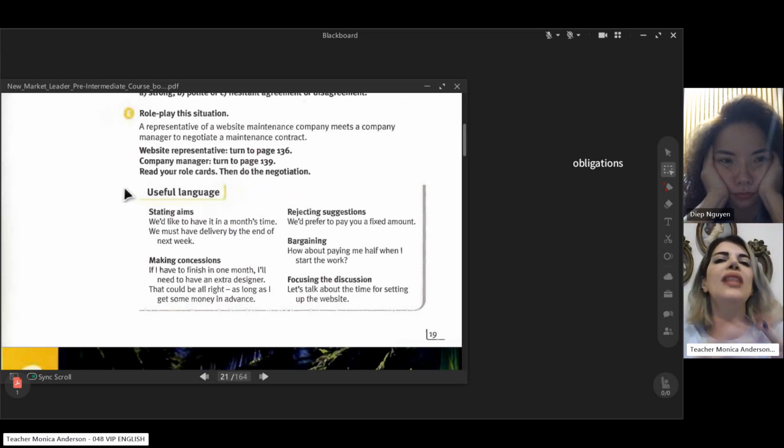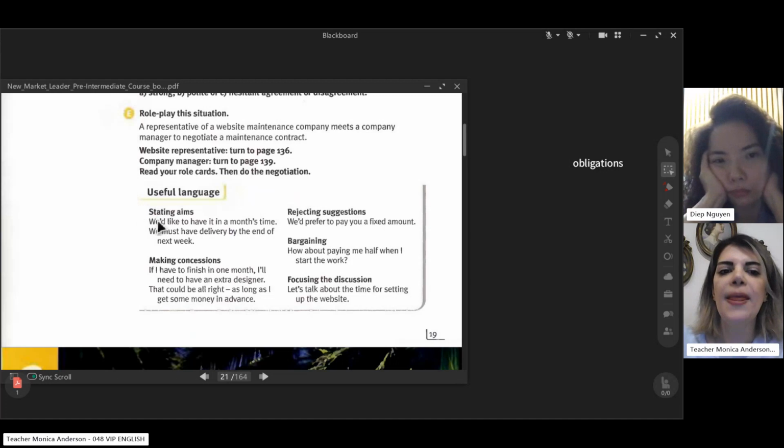We say I would like to have, I would like to do, I would like to go. We must have delivery by the end of. So you can state your aims using these phrases, we would like, we must.